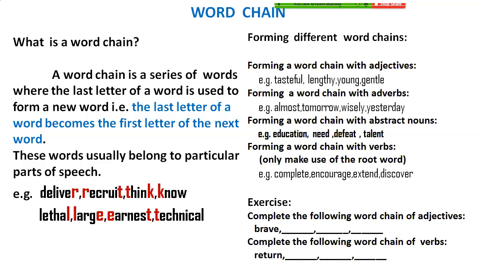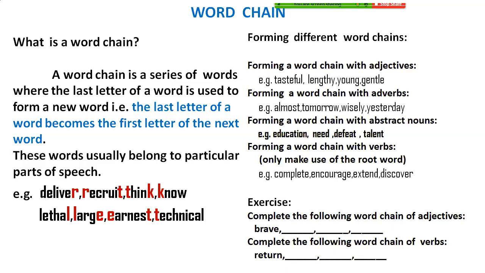The next kind of word chain is forming a word chain using adverbs. For example, almost is an adverb. Almost ends with the letter T. This letter T is then used to form the starting letter of the next adverb, tomorrow.